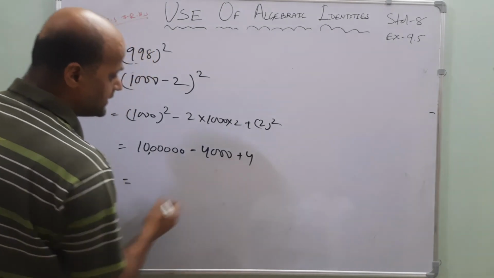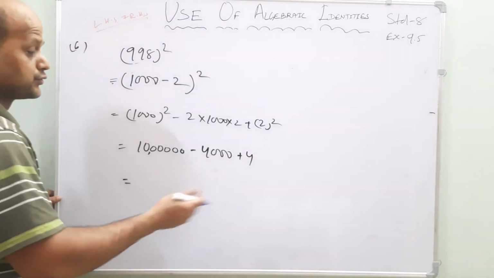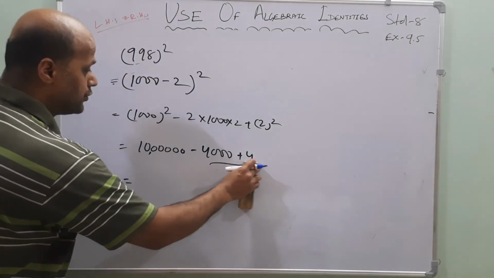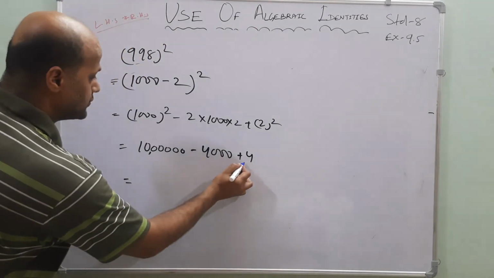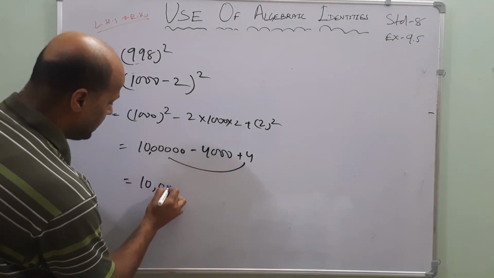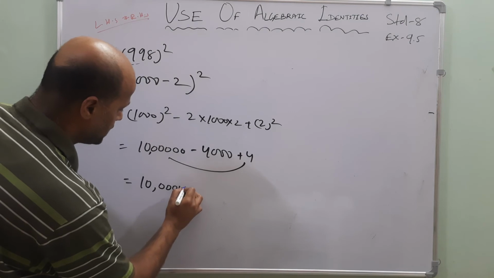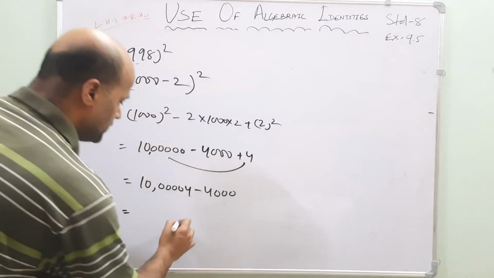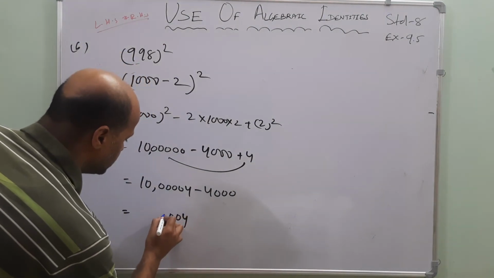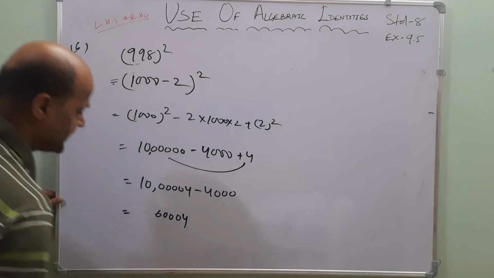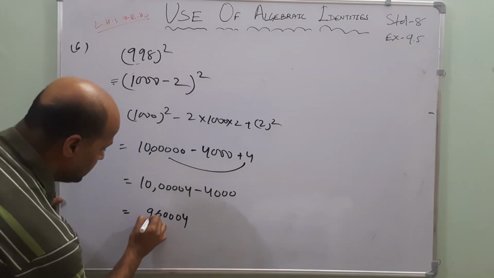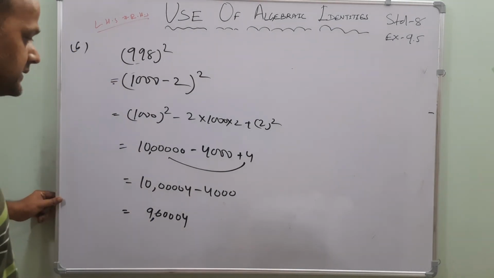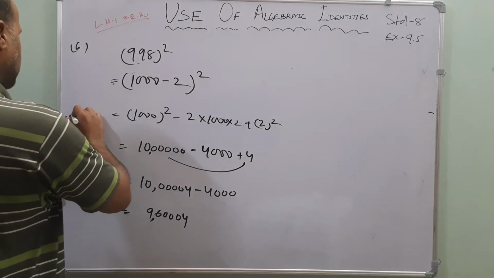If I add both of them, because according to BODMAS rule you have to add first. Add these two: 10 lakhs and 4. Then minus 4,000. How much is it coming? Something is a mistake. I did some mistakes.